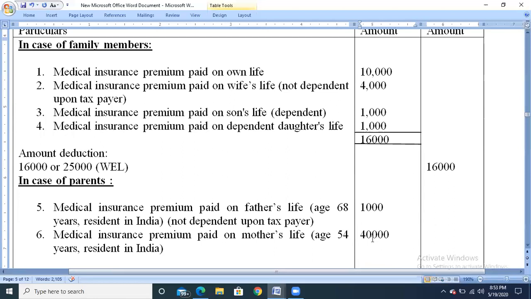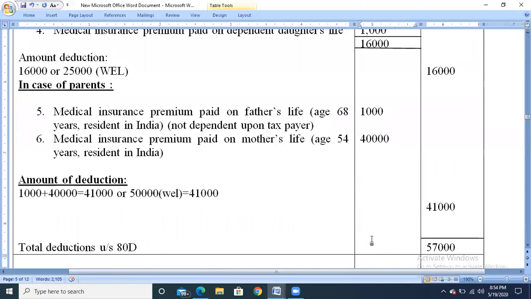So if any of the parents, either mother or father or both, is more than 60 years, or we call them a senior citizen, in such a case we can claim insurance premium deduction up to rupees 50,000. If both the parents are less than 60 years, then the maximum limit will be only 25,000.